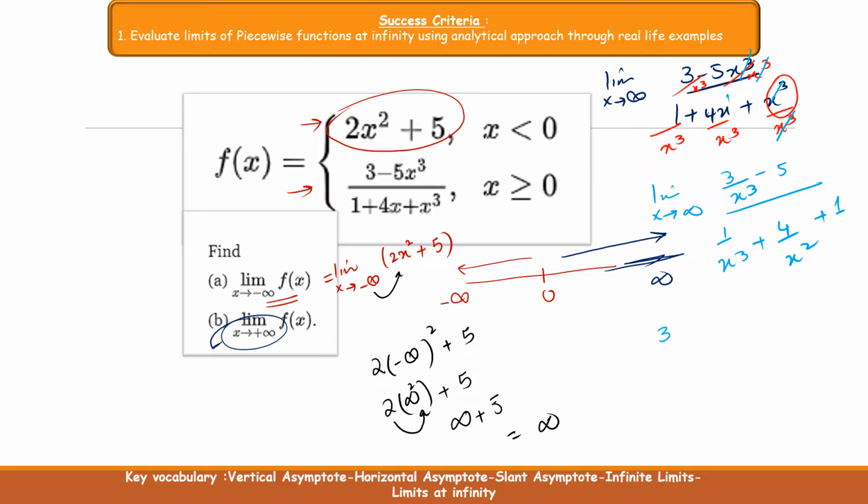Apply the limit, so wherever x is, write infinity. So 3 over infinity is 0, minus 5, 1 over infinity is 0, 4 over infinity is 0, and 1. So the answer is negative 5 over 1, that is negative 5.